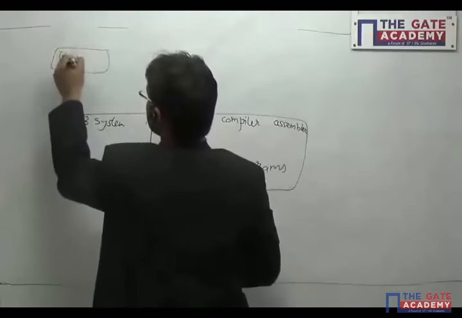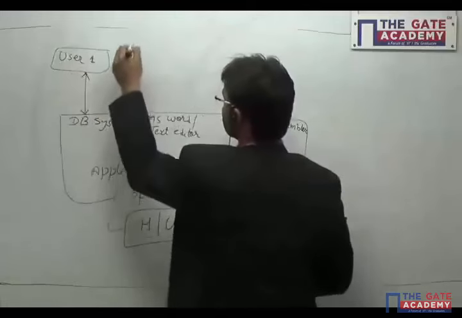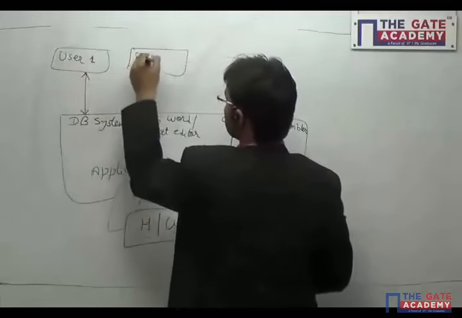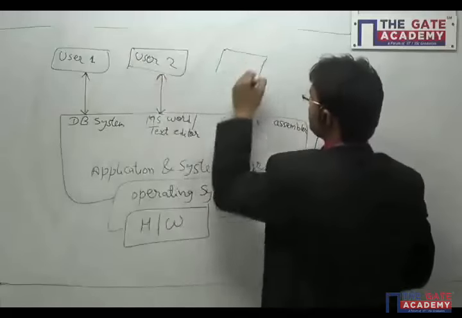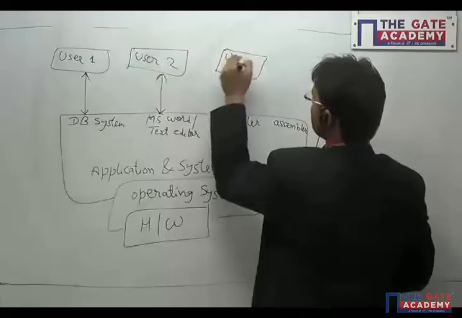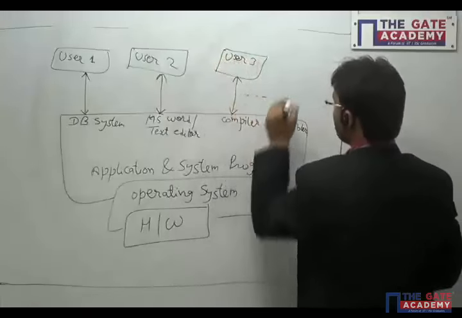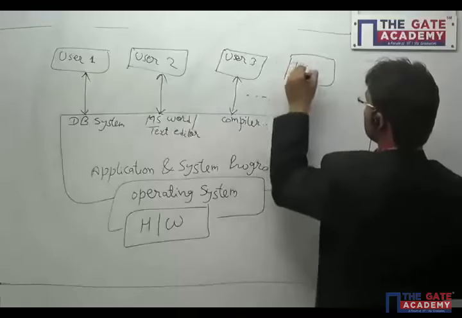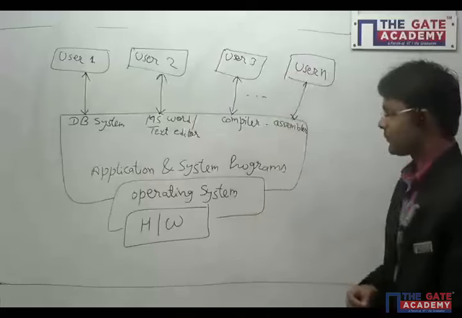Let's say user 1 is using DB system, user 2 is using text editor, some user 3 is using compiler, and let's say some user n is using this assembler.